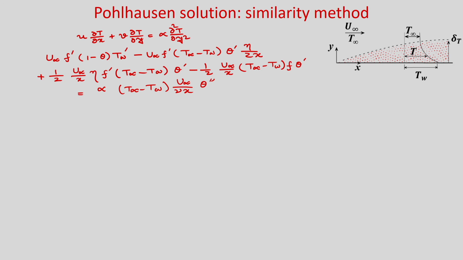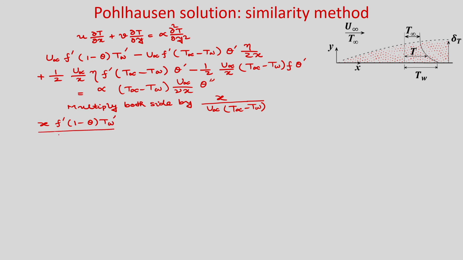So, if you rearrange, first multiply both sides by x by u infinity into (T infinity minus T w). Okay. So, you can see in the first term, u infinity will get cancelled. So, you can write x f prime (1 minus theta) T w prime divided by T infinity minus T w.